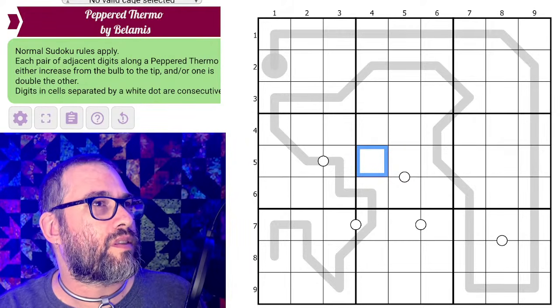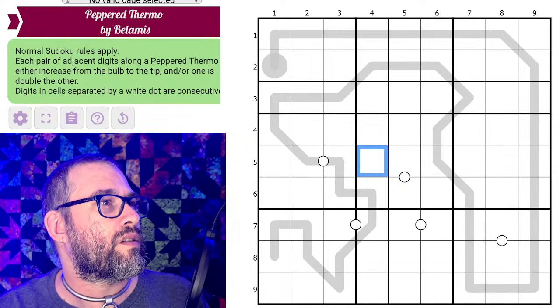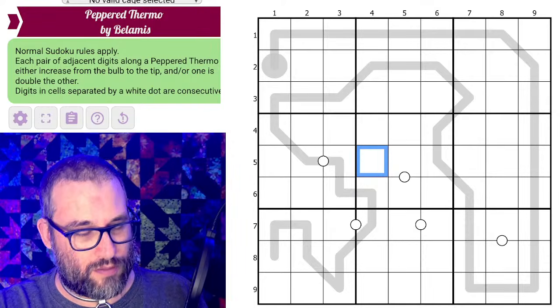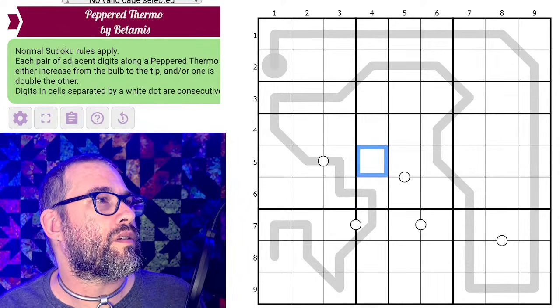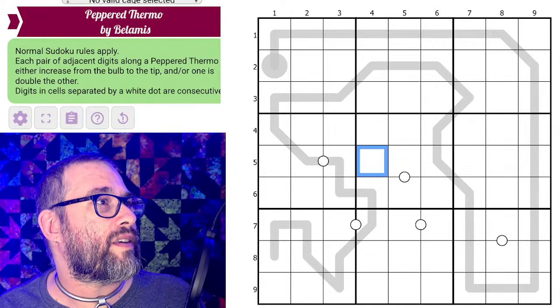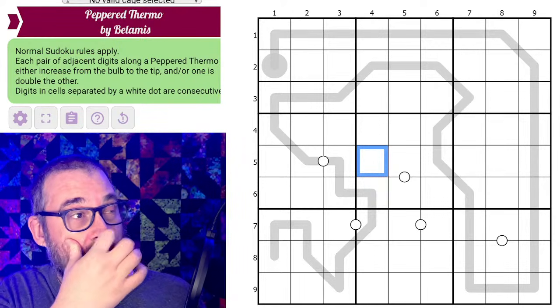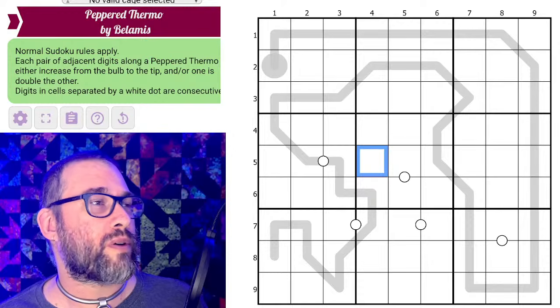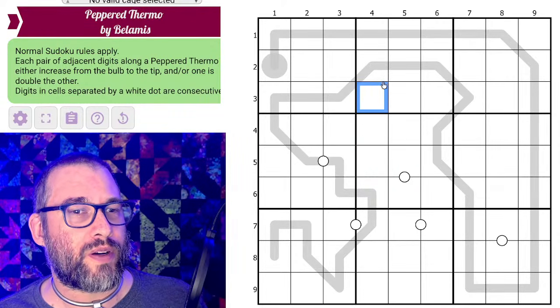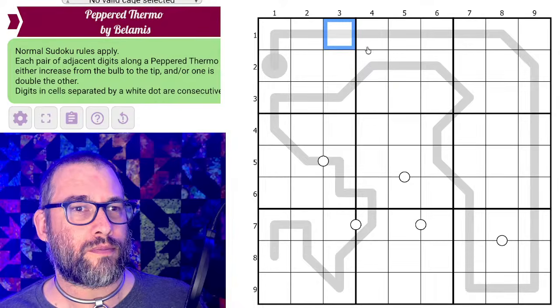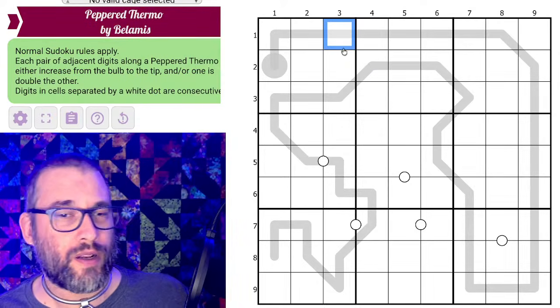So that's our link. Each pair of adjacent digits along this peppered thermo either increase from the bulb to the tip or one is double the other.